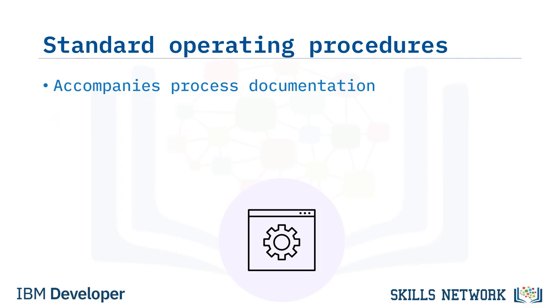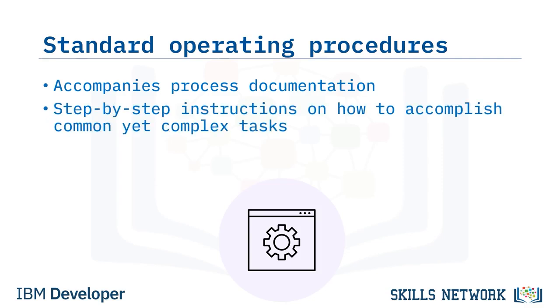Standard operating procedures, called SOPs, often accompany process documentation. Process documentation provides an overview of a process, but SOPs go through much greater detail. The SOP is written documentation that explains step by step how to accomplish a common yet complex task that is organization specific.